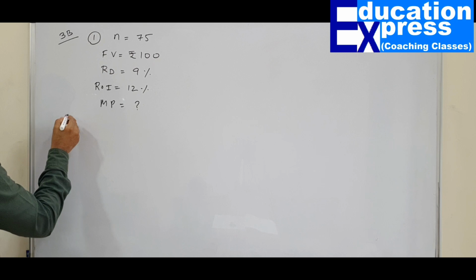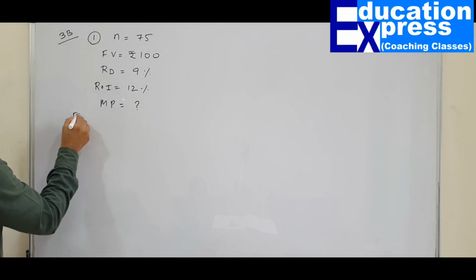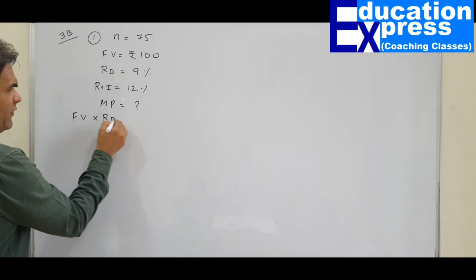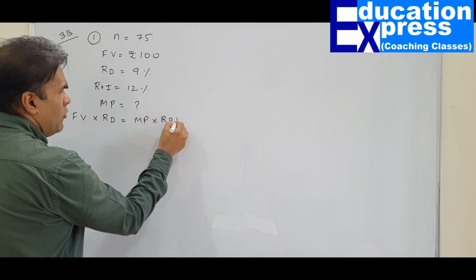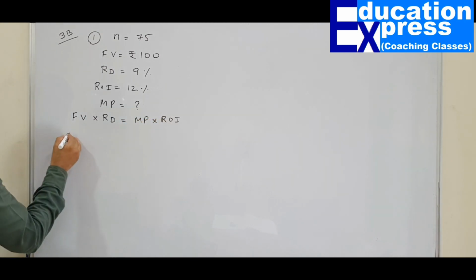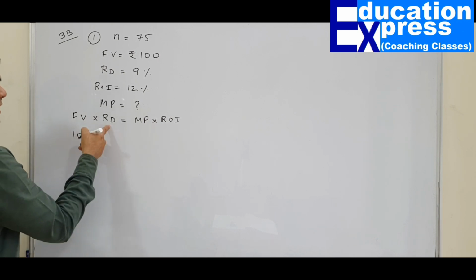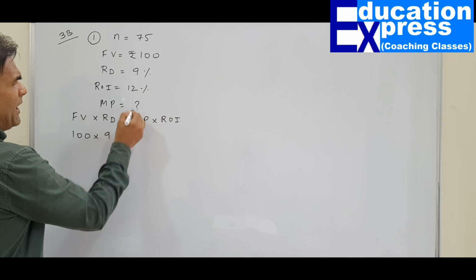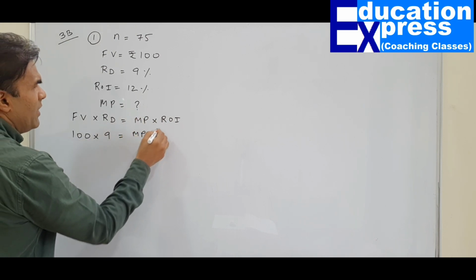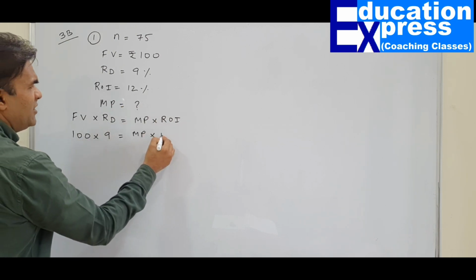I hope you know the formula that we use: face value multiplied by rate of dividend equals market price multiplied by ROI. What is the face value? 100. Rate of dividend 9. Market price is not known to us. ROI is 12.